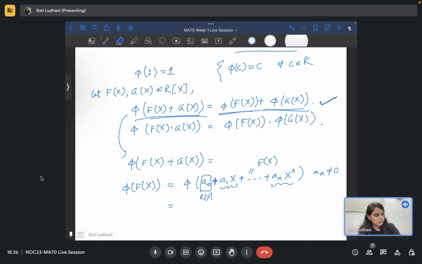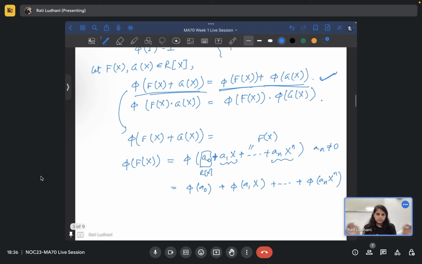So what I really want is phi of a0 plus phi of a1x plus, and so on, phi of an x raised to power n. It can split with respect to addition because I want phi to be a ring homomorphism, so I am trying to construct it.